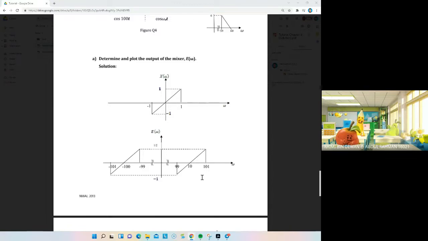Determine and plot the output of the mixer. Later on we see, but you can mark your answer first. I give around 1 minute. Sometimes the value there may be wrong. I detect something weird with this schematic, but I haven't tried it yet. I have to try it.